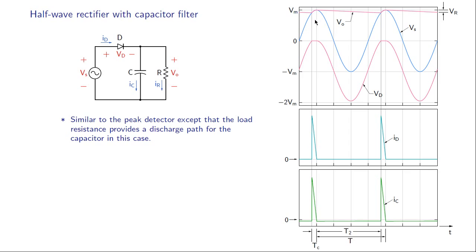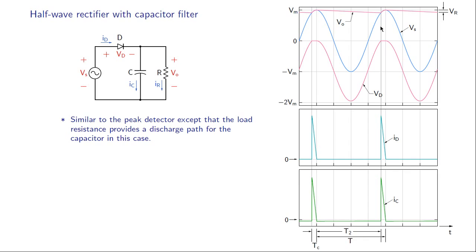By this time, the capacitor has already charged to Vm, and now the diode has stopped conducting. So what happens is the capacitor starts discharging through this resistor, and that is why we see a drop in Vo.